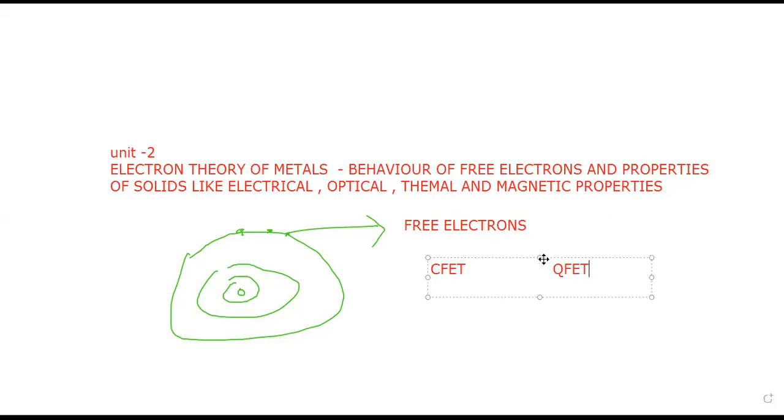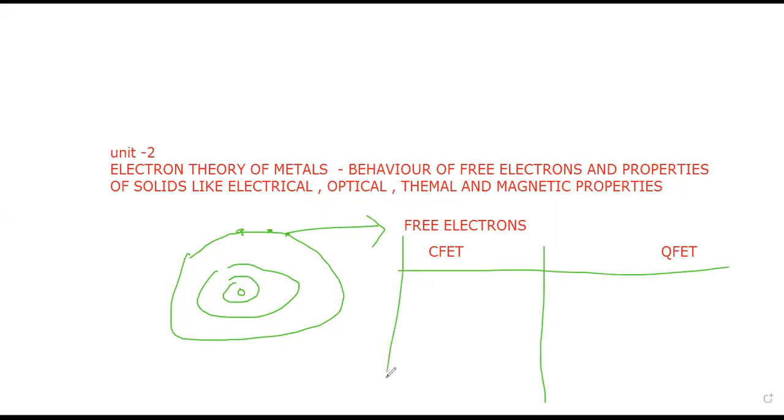These two theories are introduced to explain the behavior of free electrons in a solid. Through that behavior, our scientists estimate the electrical, thermal, optical and magnetic properties of solids.